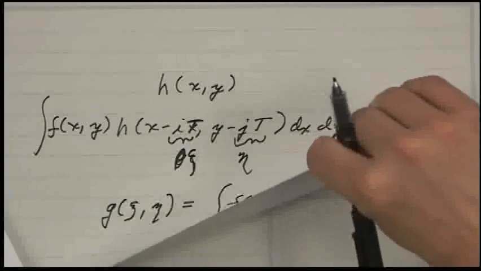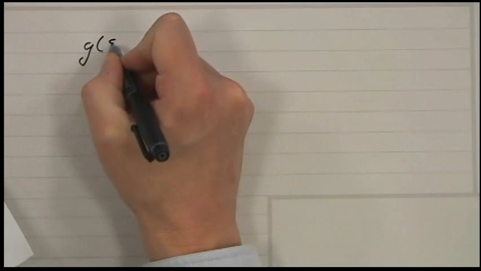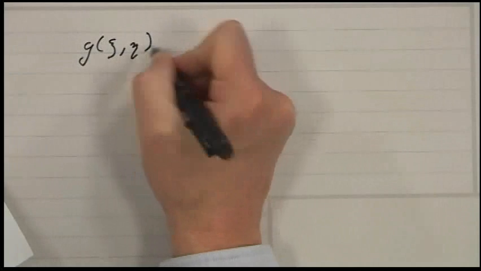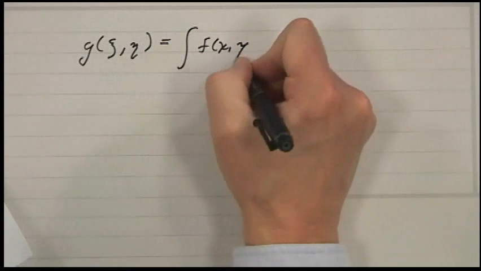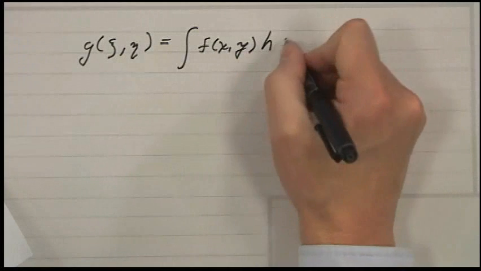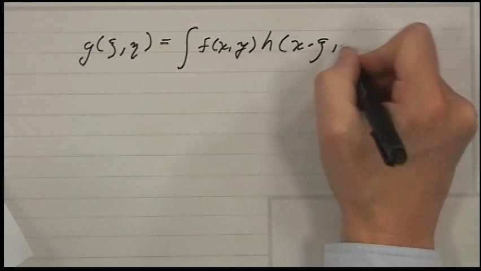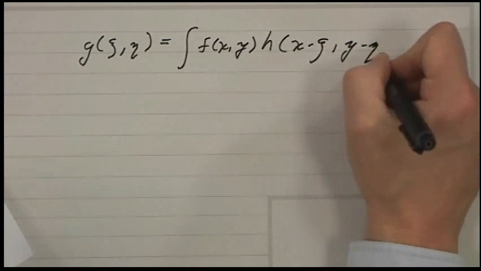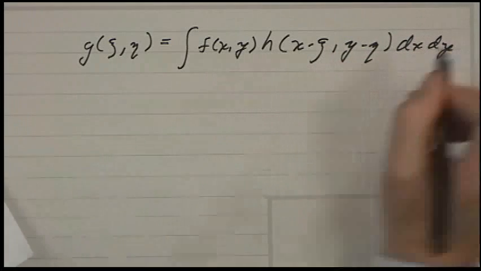I'm sorry. So I have that g of xi eta is equal to the integral of f of x y, h of x minus xi, y minus eta, dx dy. I'm just recopying my equation so it's not so sloppy.